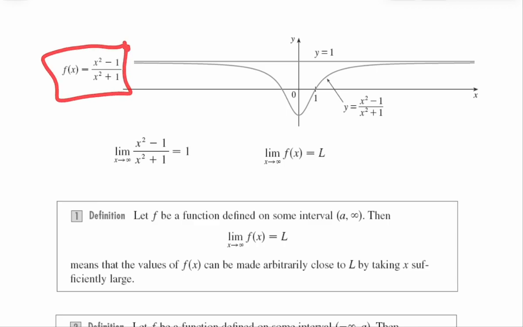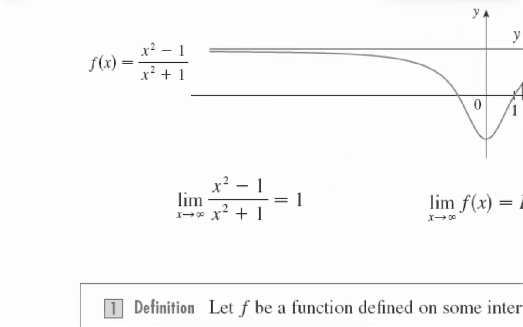If you look at a function like this, we learned back in pre-calc that a horizontal asymptote occurred as a coefficient on the x terms when the lead terms match. So our highest power term on top is degree 2. Our highest power term on the bottom is degree 2.